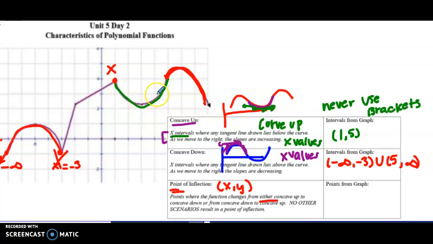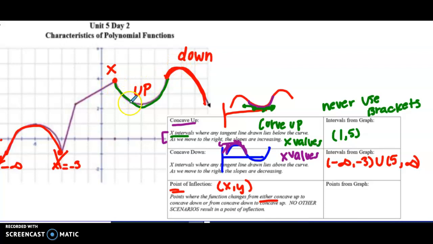This is where my graph started being concave up, or curved up. Now, if you notice, as I go from the green to the red, this right here is concave up and this right here is concave down. When they're connected, you have to find the point where they change from concave up to concave down.